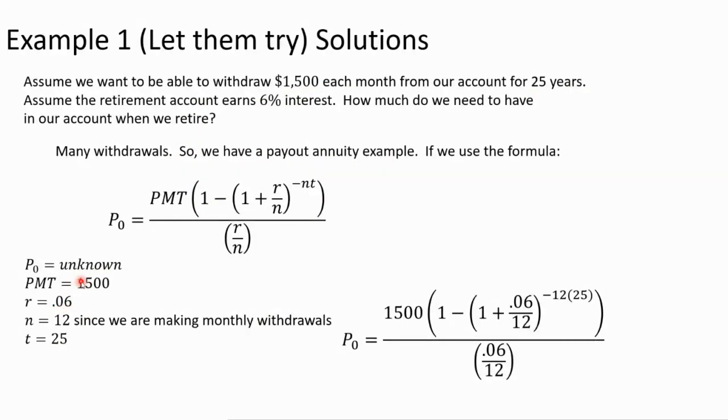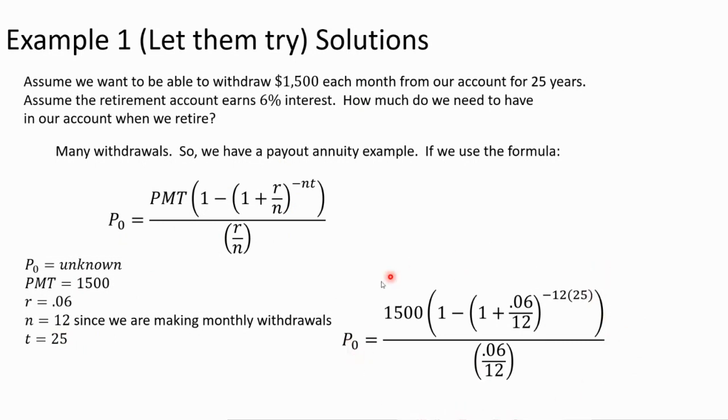That's what we're after, right? Now, since we're taking money out each month, by our assumptions, the account is going to be compounded monthly. So in this case, our N is 12. Plug it into the formula, we get this.